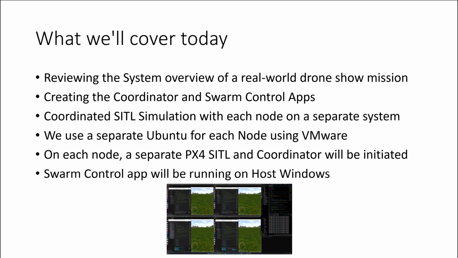But now we're going to simulate that we have 5 different nodes here. 4 of them are drones, 4 different drones on 4 different virtual machines on VMware Workstation. Each one has its own operating system, own software in the loop, own system. Everything is separated. And another Windows-based ground control station, which is our swarm control app, will take control of all of this and synchronize this drone show.